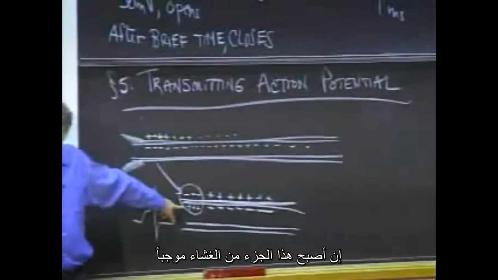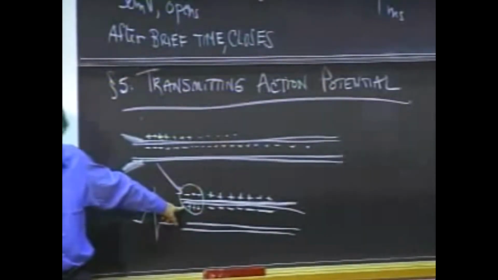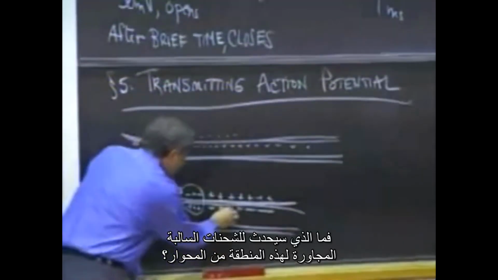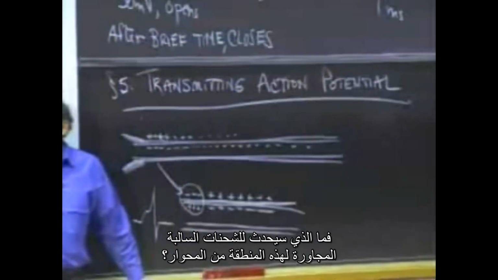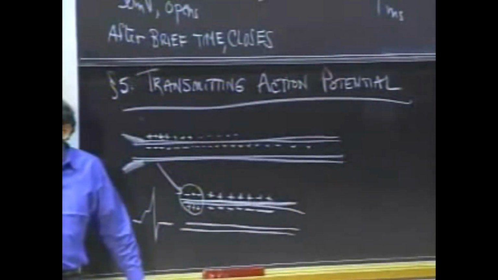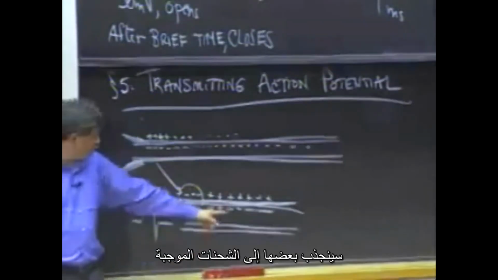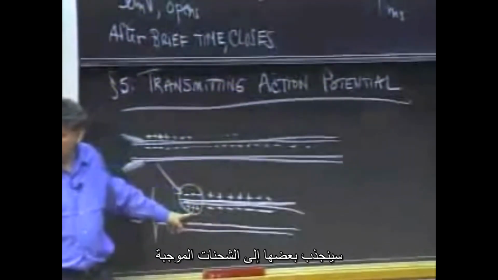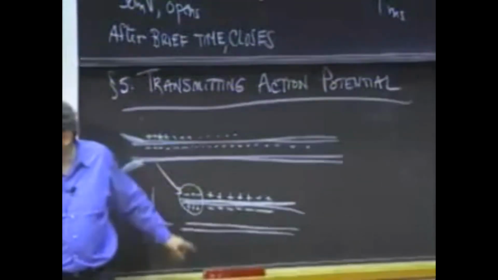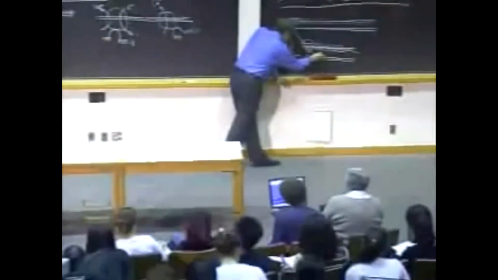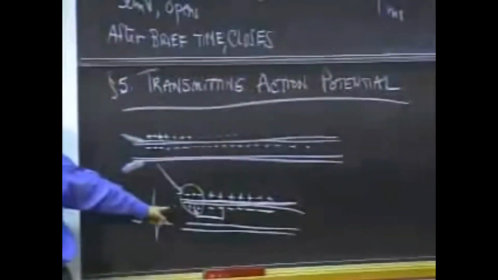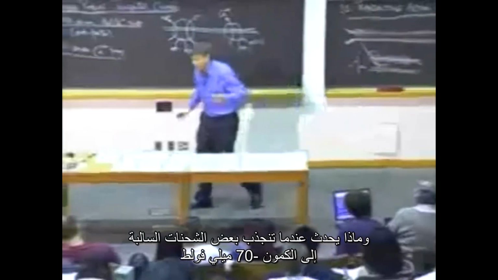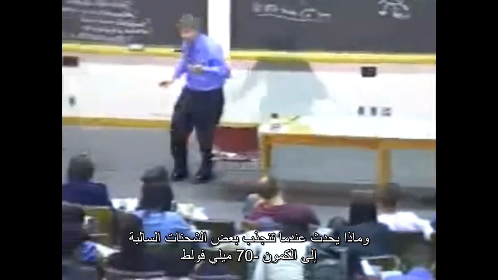If this becomes positive at this part of the membrane, what happens to the negative charges a little bit further down the axon? Some of them will be pulled over to the positive. Well, what happens when some of those negative charges get pulled over to my minus 70 millivolts?